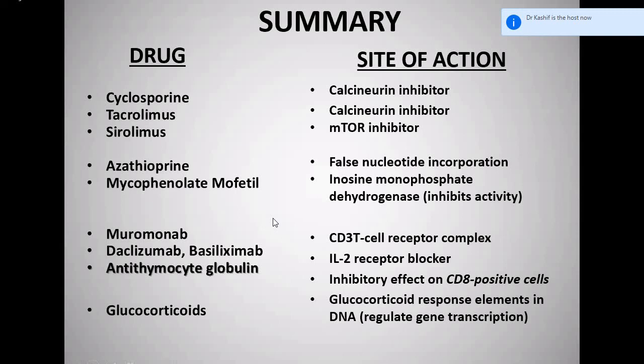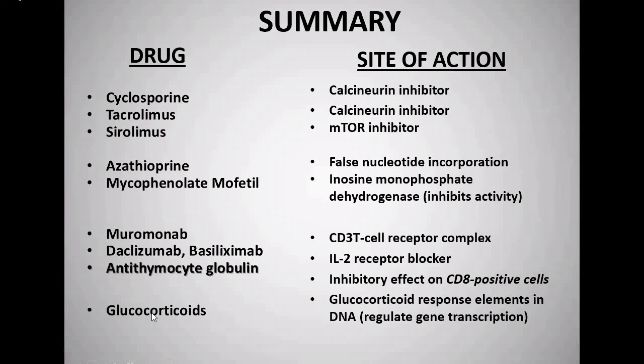Then we have the antibodies. We have muromonab, a monoclonal antibody that is effective against CD3 cells. Daclizumab and basiliximab are effective on the interleukin-2 receptor. They are also monoclonal antibodies. Then we discussed antithymocyte globulin. This is a polyclonal antibody that affects CD8 cells.